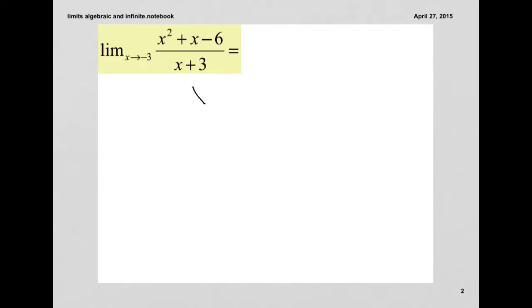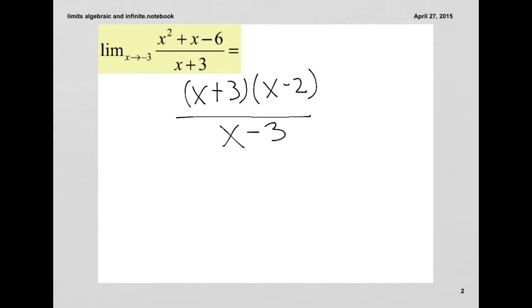It factors as x plus 3 times x minus 2, over x plus 3. Now we can see that there is a common factor, so we can divide out those common factors, and we just have x minus 2.